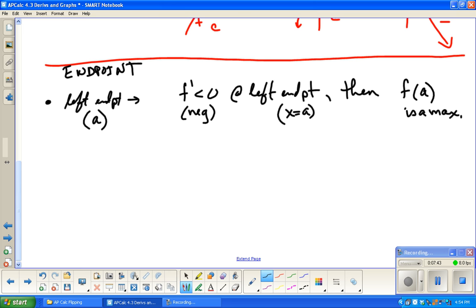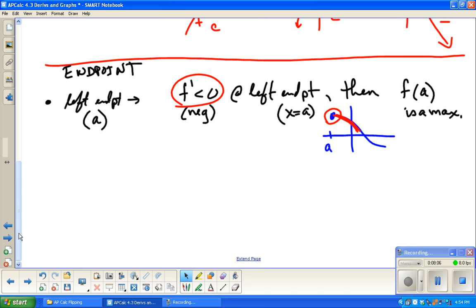Let's just do a little picture of what we're saying. I'm on some graph. Here's A. It's the left endpoint. The derivative from there is negative, so it's decreasing. Then that had to be a high point because I'm coming down from that.